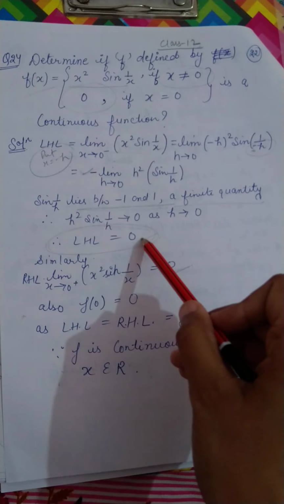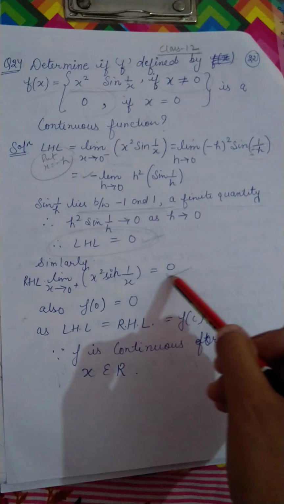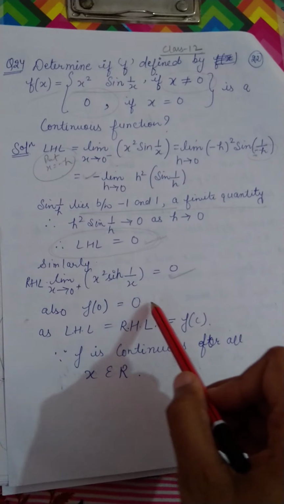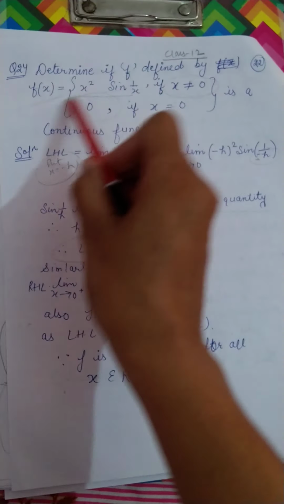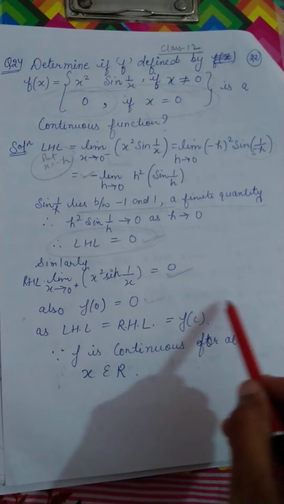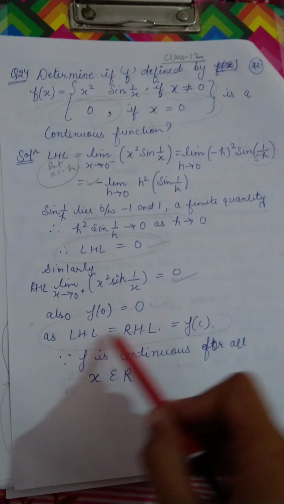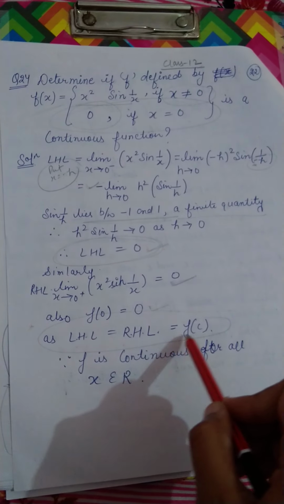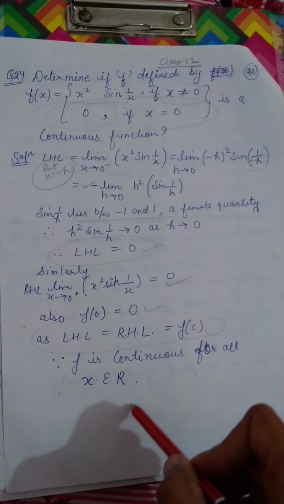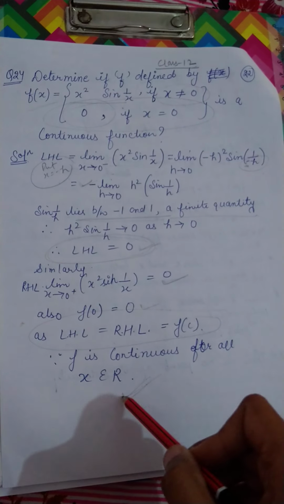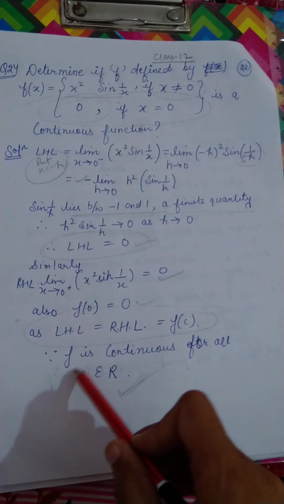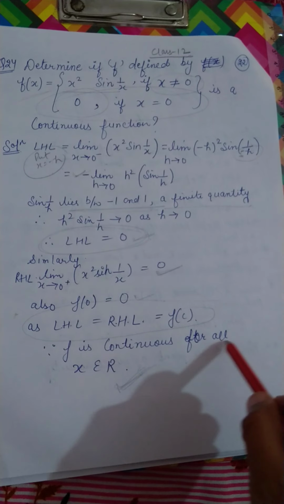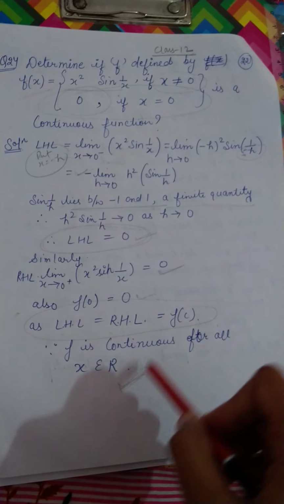Your LHL will also be 0, your RHL will also be 0, and your function value is already 0 over here. So your three things are equal, that is LHL is equal to RHL is equal to f of c. Final conclusion, final result of the question is that f is continuous for all x belonging to R.